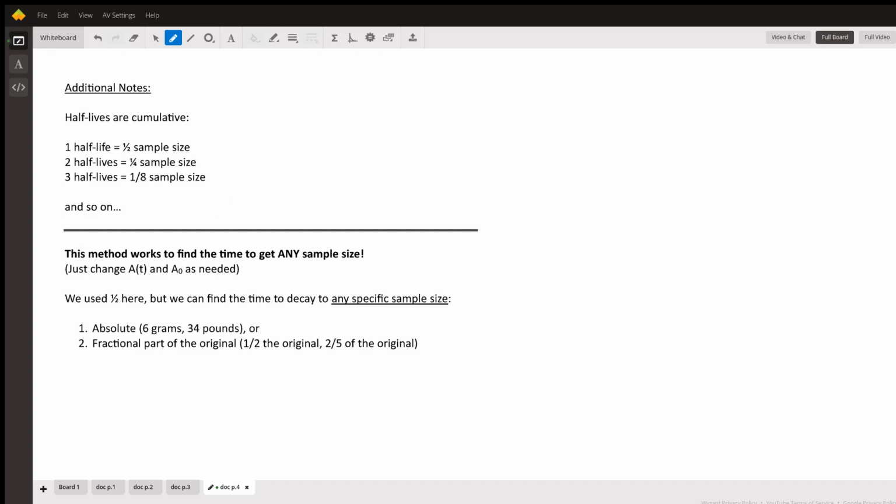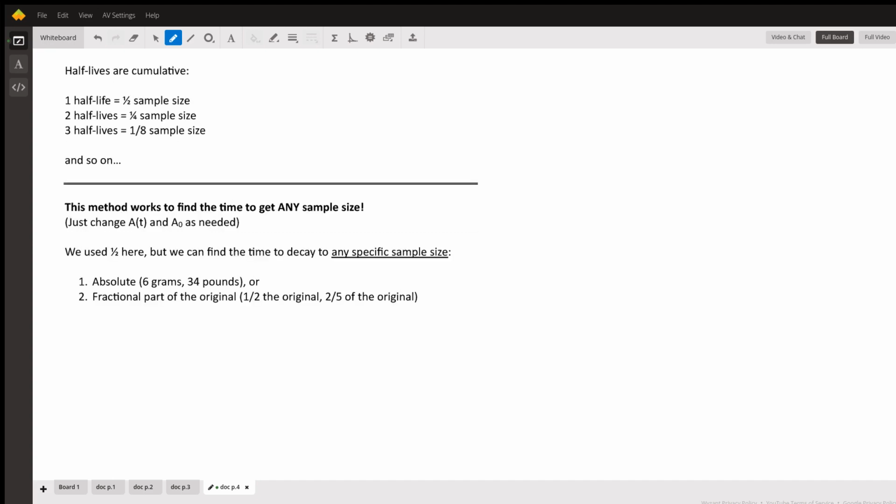of sample size at some given time t in the future. Or we can solve for, after a certain amount of time has passed, how much is left. We use 1/2 here, but we can do it to any sample size. If we want an absolute size like 6 grams or 34 pounds or whatever, you just put that in for A of t and solve for what t is.